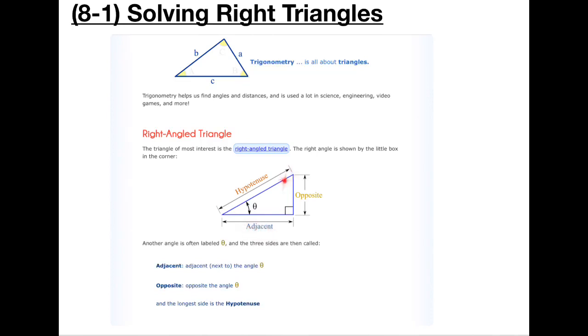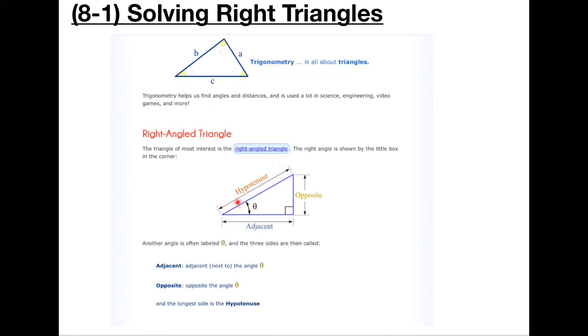And then the longest side in a right triangle, which is always the side opposite to the 90-degree angle, is called hypotenuse. So hypotenuse is the longest side in a right triangle, or the side which faces the 90-degree angle. You should remember these names: opposite to this angle, adjacent to this angle, and hypotenuse.